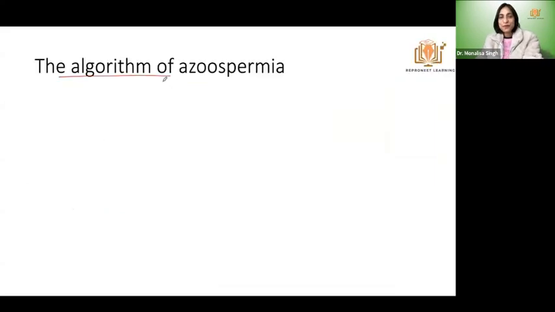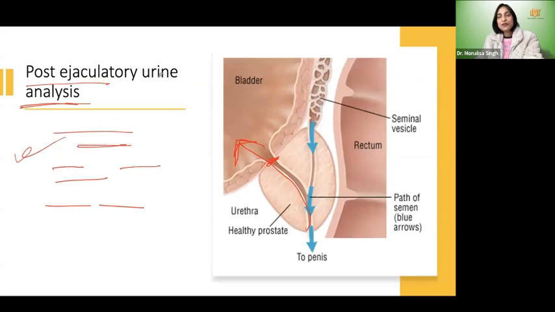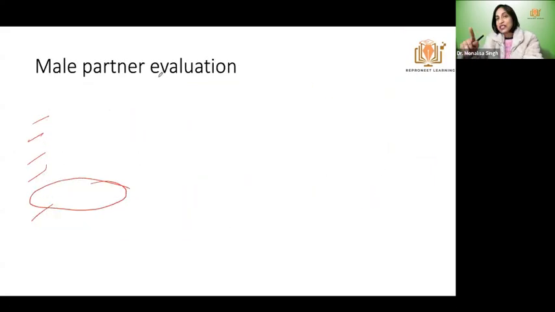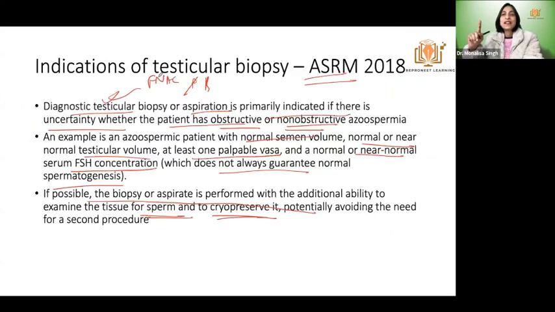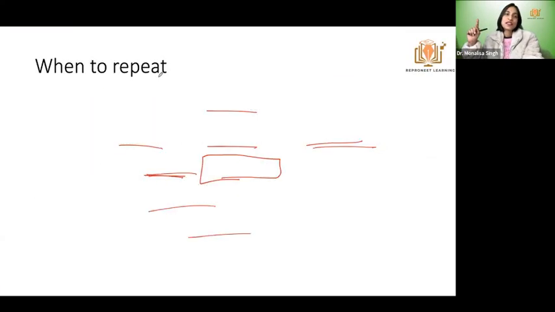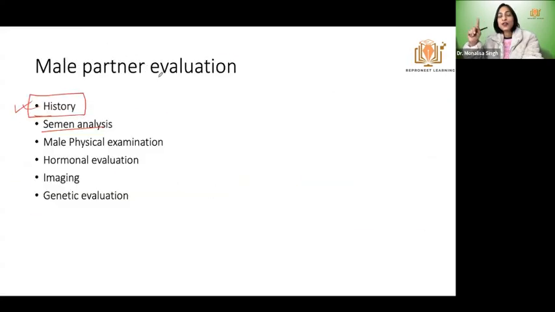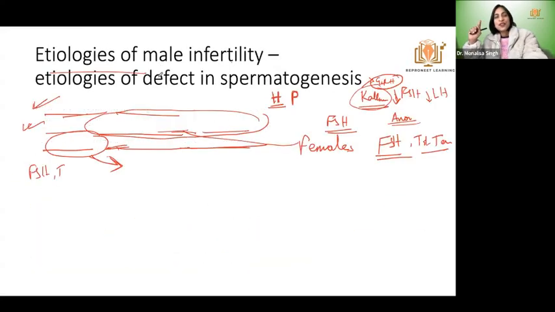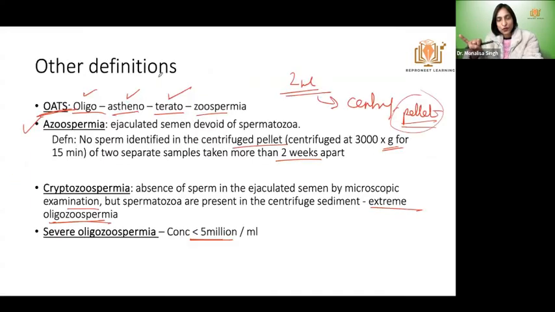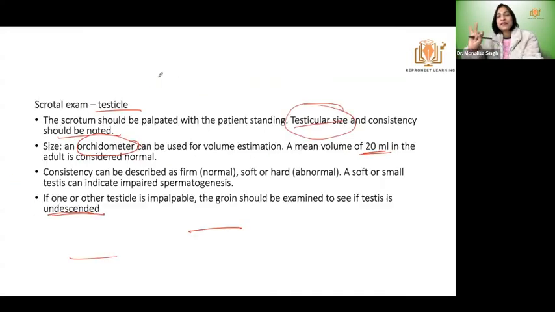Now coming to the algorithm. What I told you initially, we have to go back to the slides where I said that the semen volume comes from seminal vesicles. What else comes from seminal vesicles is the pH. The pH rises because the secretions are alkaline. What else comes? Fructose comes from the seminal vesicles. So seminal vesicles add volume to the semen, pH of the semen, and fructose.